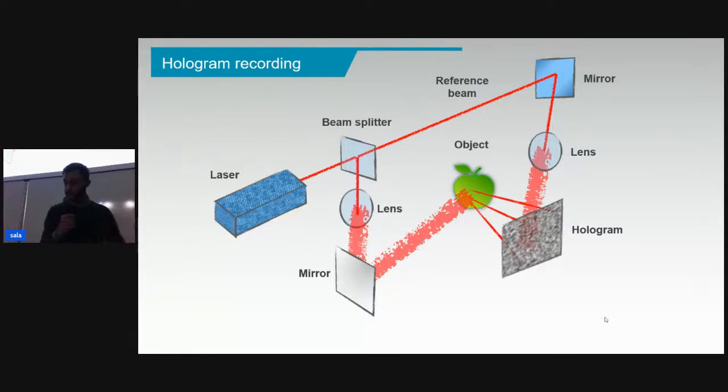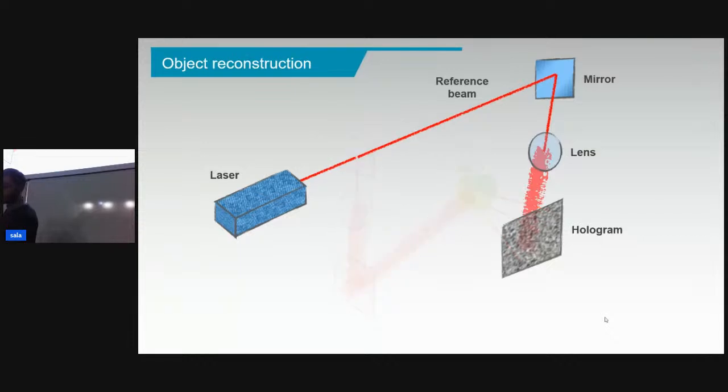So now, in the previous talk, you've seen that you can replace this photographic film by a camera or a digital recorder, and you can record a digital hologram. Now, the kind of digital holography that I'm talking about is actually not this one. I'm going to act on the second step of original holography, which is the reconstruction of the object. In the original version of holography, once you have the hologram, you don't do anything with it if you don't reconstruct it, again, using the laser beam.